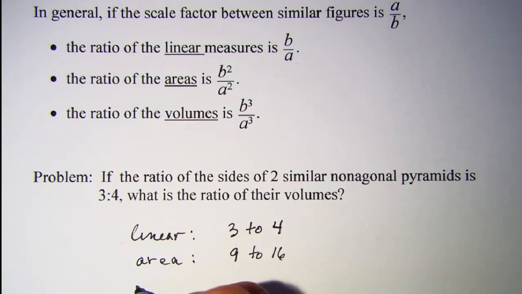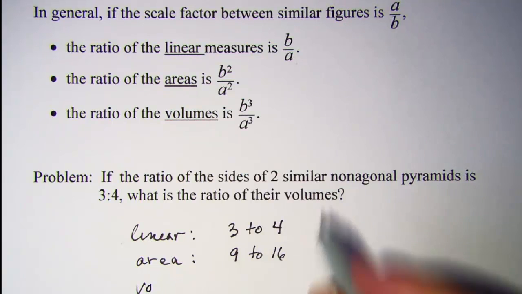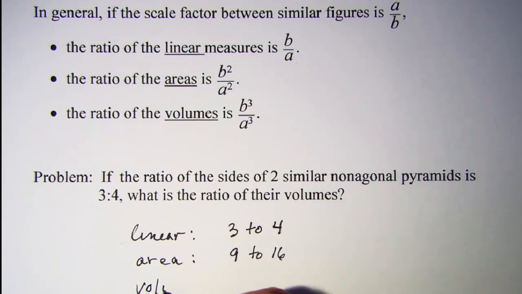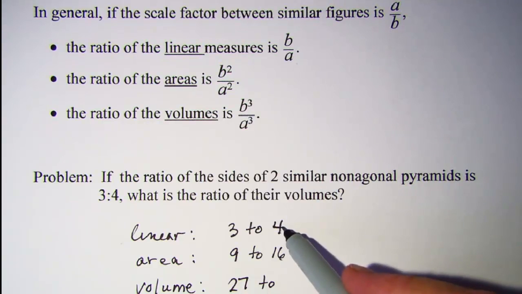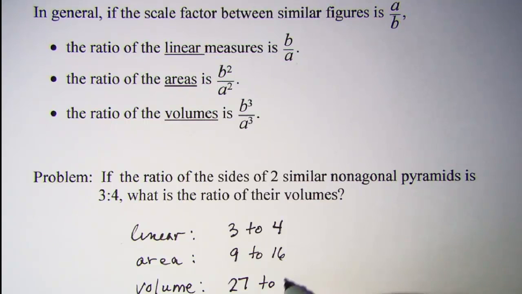And the volume, which is what we're looking for, will be in a ratio of 3 cubed, which is 27, to 4 cubed, which is 64. So the volume ratio will be 27 to 64.